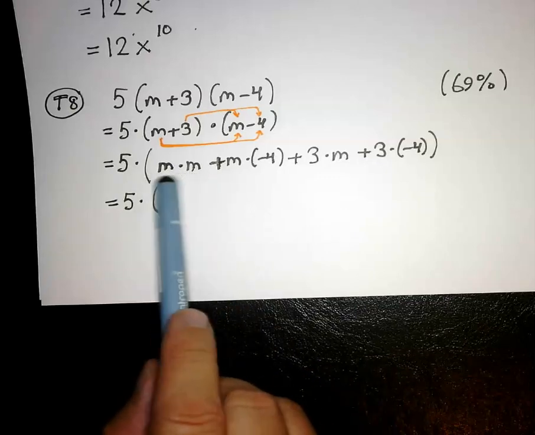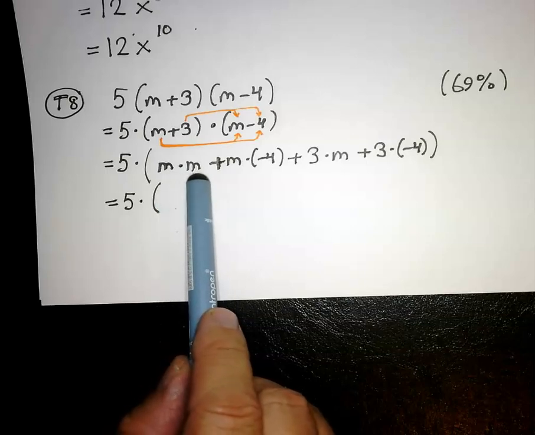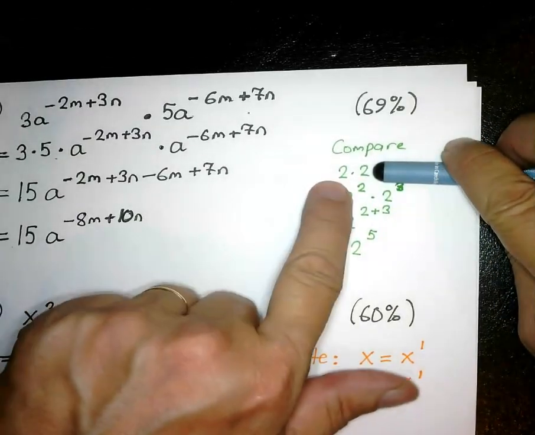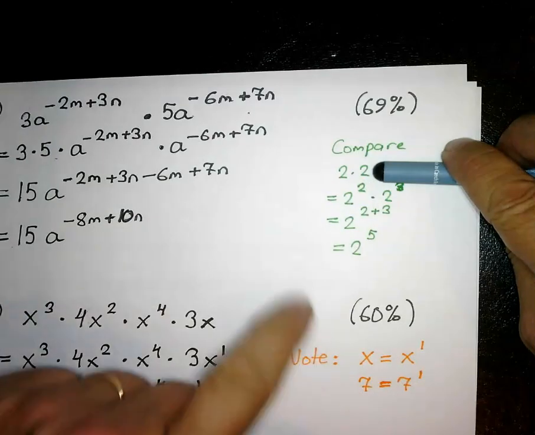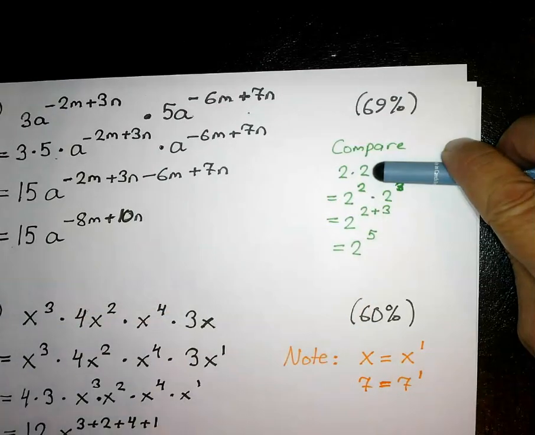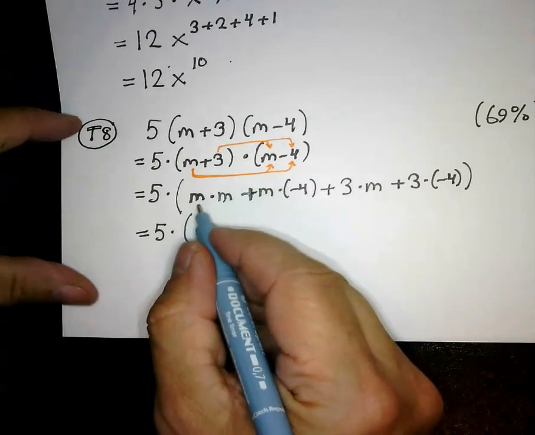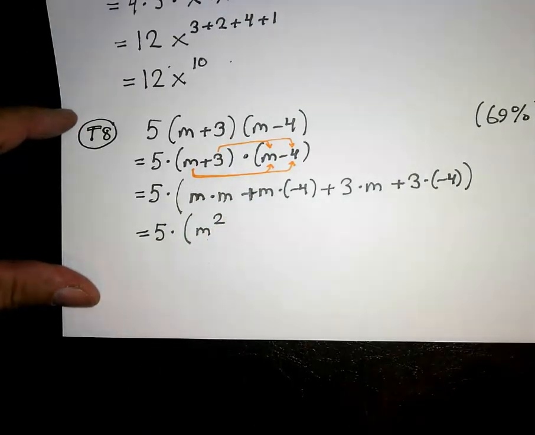There we have multiplication m with m. It is actually the same as we had here, for example, this part here, 2 times 2. It is the same as 2 to the power of 2. There were two twos. So here we have m times m, it is the same as m to the power of 2.